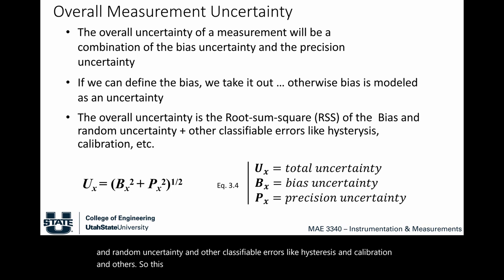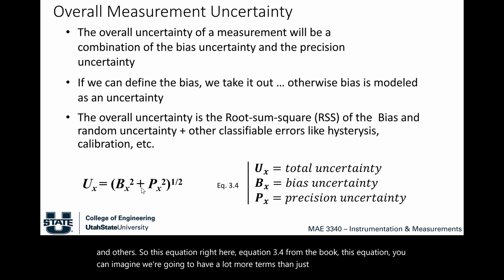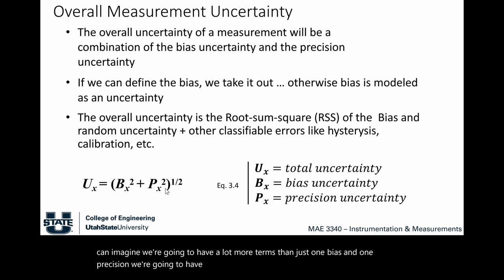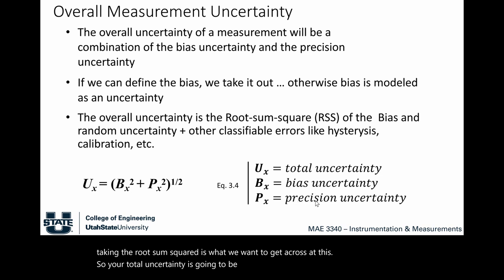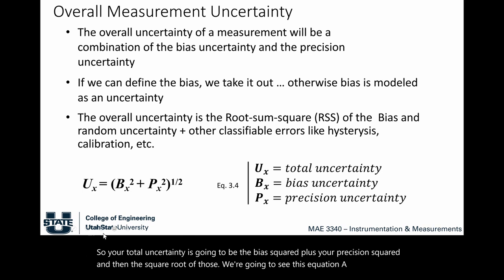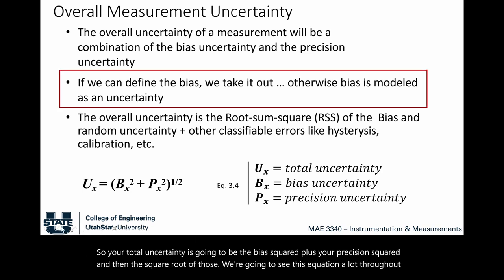So this equation, equation 3.4 from the book, you can imagine we're going to have a lot more terms than just one bias and one precision. We're going to have several bias, several precision. But the concept of taking the root sum square is what we want to get across at this point. So your total uncertainty is going to be the bias squared plus your precision squared, and then the square root of those. We're going to see this equation a lot throughout the next few sections.